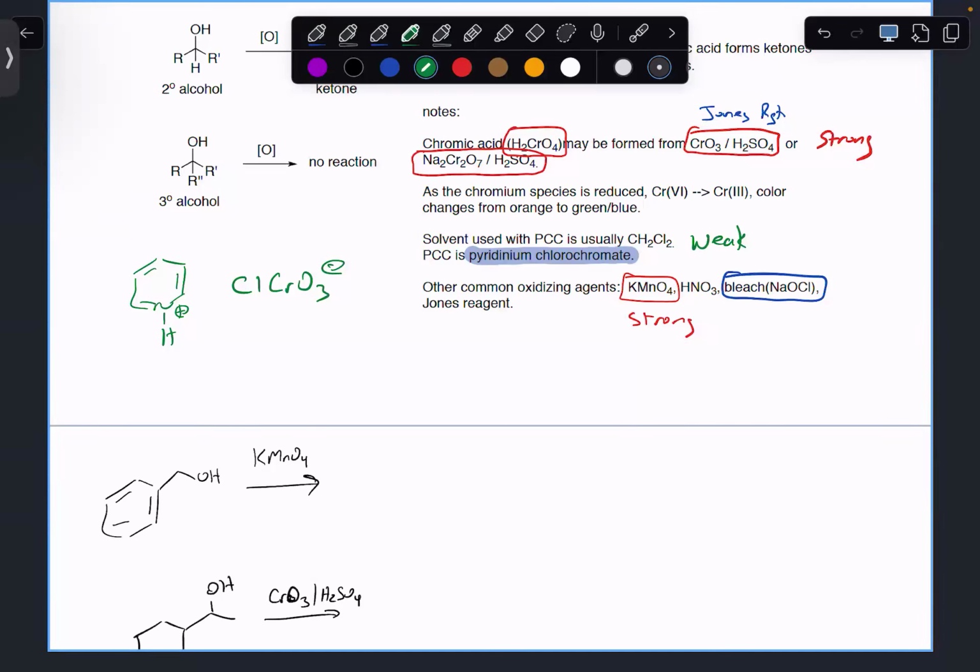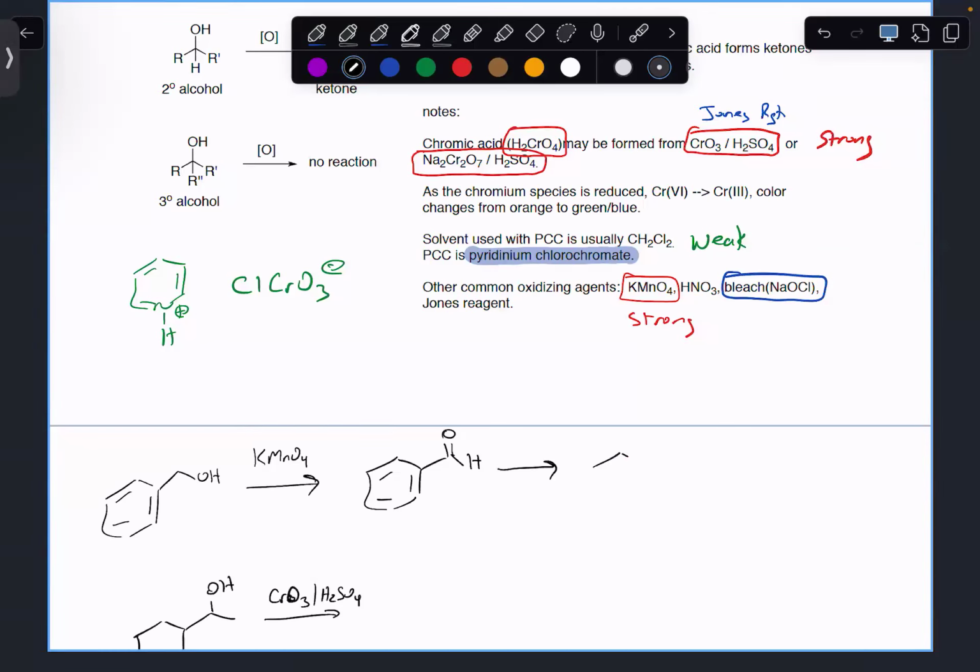All right. So what's going to happen when you do this oxidation is this primary alcohol will oxidize first to the aldehyde. But remember, the aldehyde is just an intermediate stage. You can go further. And with a strong oxidizing agent, it does. So you cannot isolate the aldehyde here.